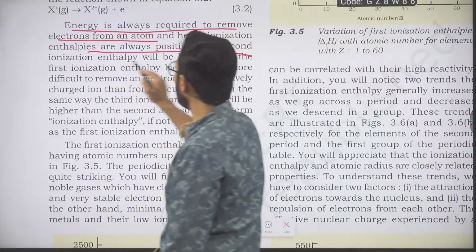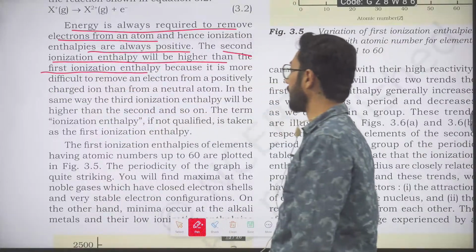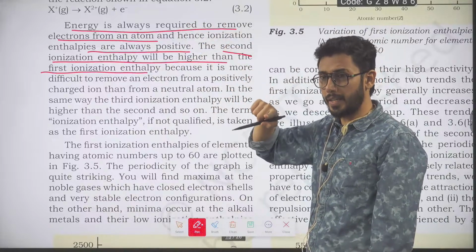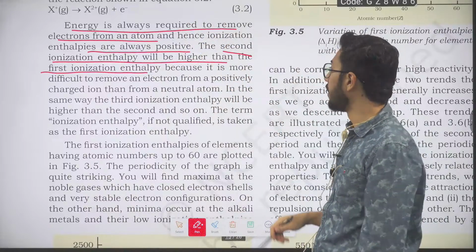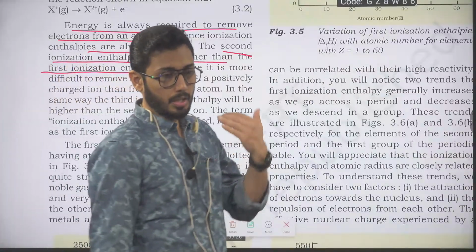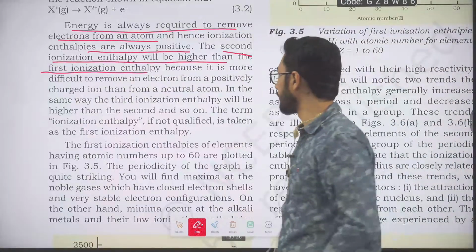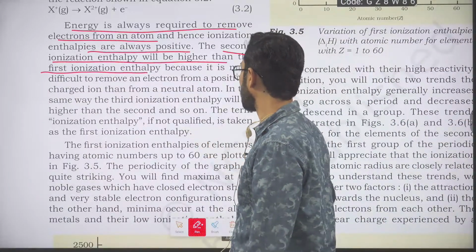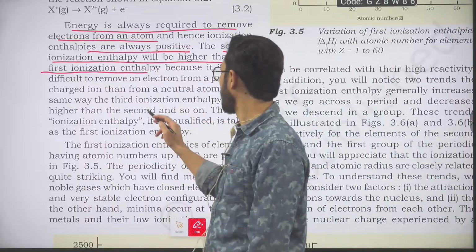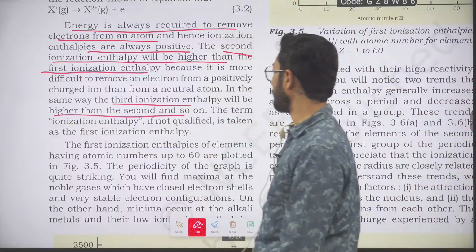And second IE will always be more than first IE, which is first ionization enthalpy. Why? Because more the positive charge will come, more will be the attraction with the nucleus, more energy required. So always remember first IE, second IE, third IE, successive values always increase, more and more endothermic in nature. Third always higher than the second one, and so on.